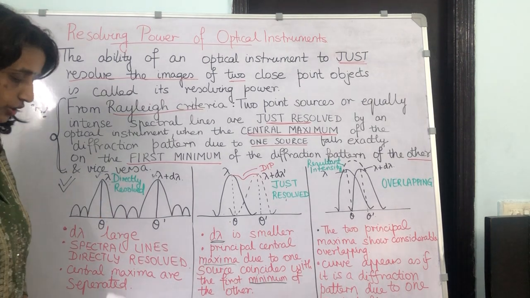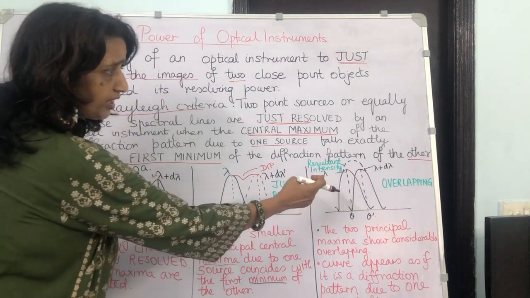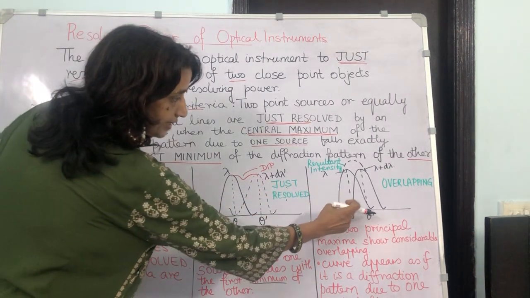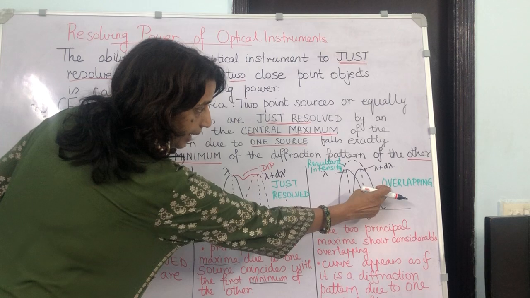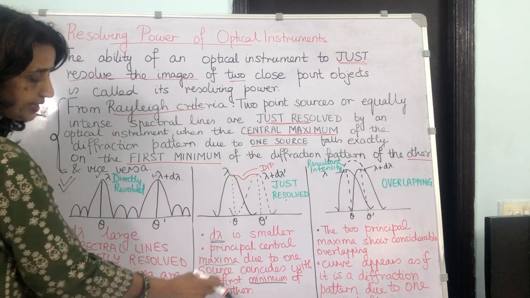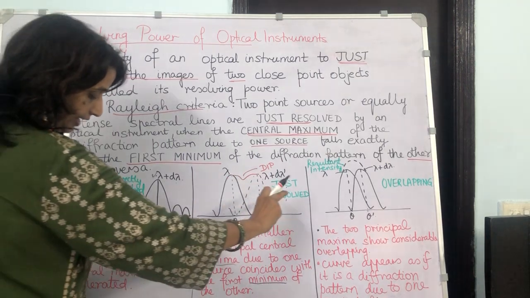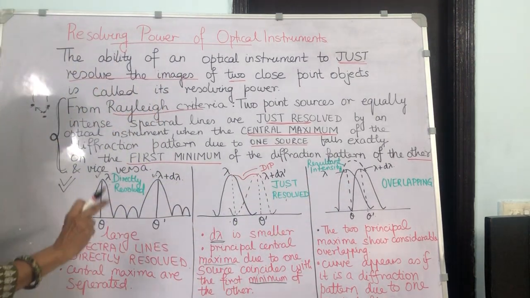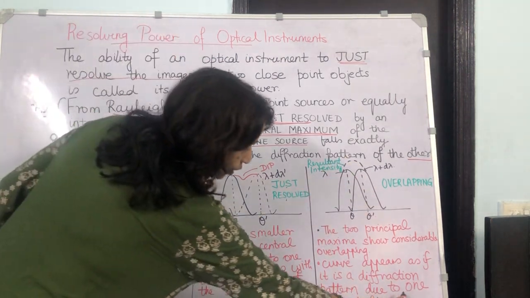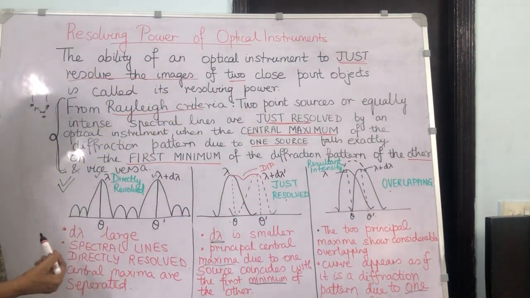Now, the third condition: when the wavelength difference becomes very small, the principal maxima overlap over each other. In the second case there is a dip in the curve between the two central maxima, but here there is no dip, and the curve appears as if it is a diffraction pattern due to one spectral line, because overlapping has taken place.